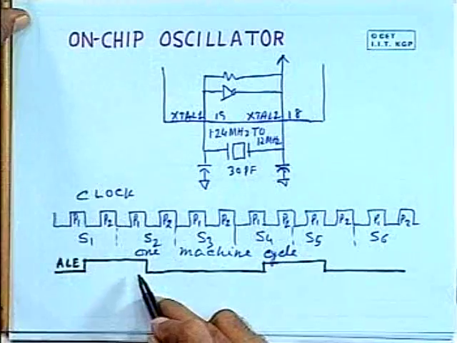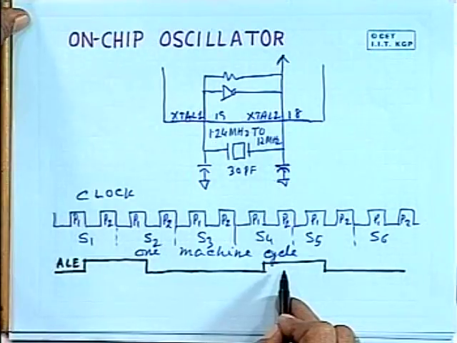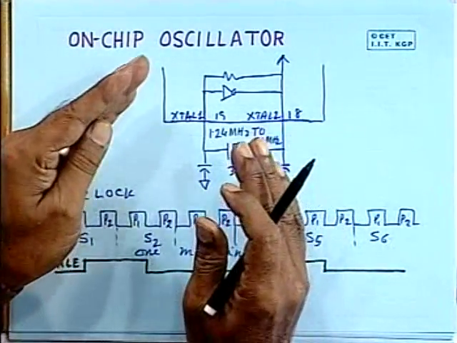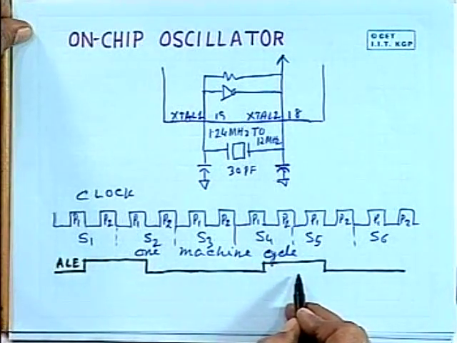However, if that instruction does not require fetching of two memory locations, then this ALE is ignored. That means if an instruction involves fetching 2 bytes, one instruction and another operand, then both the bytes can be fetched in a single machine cycle. So that's why two ALEs are generated.